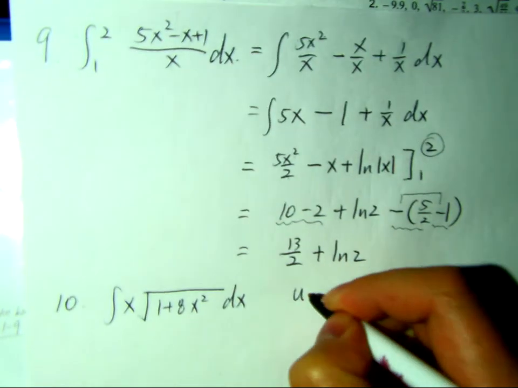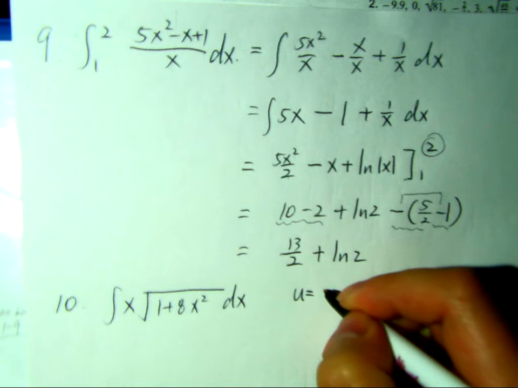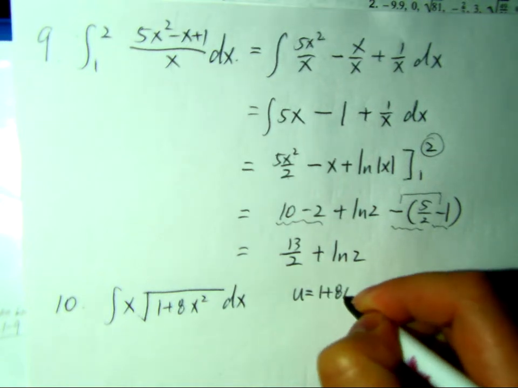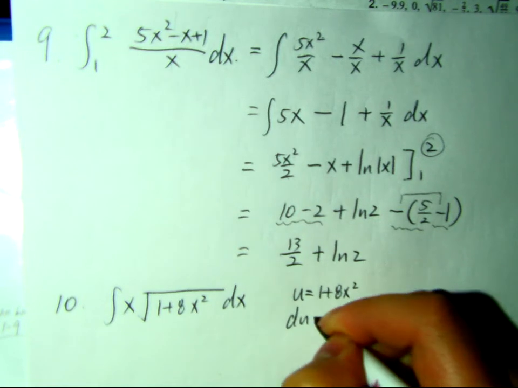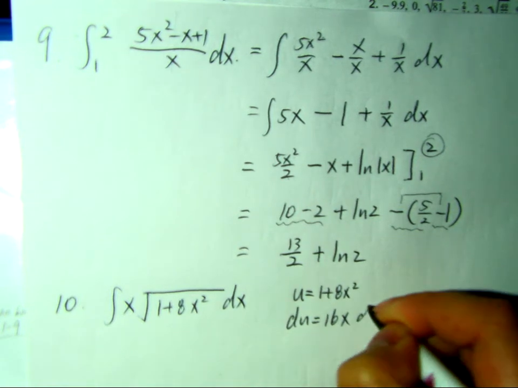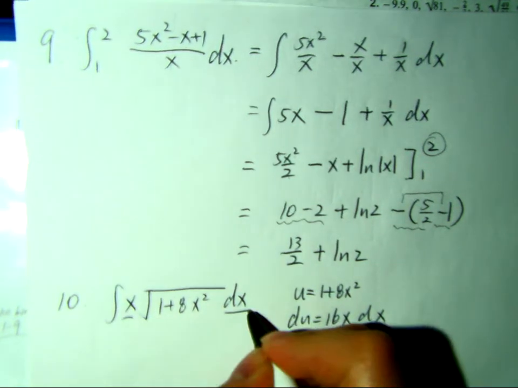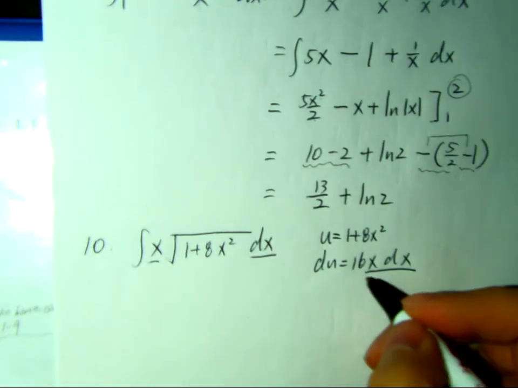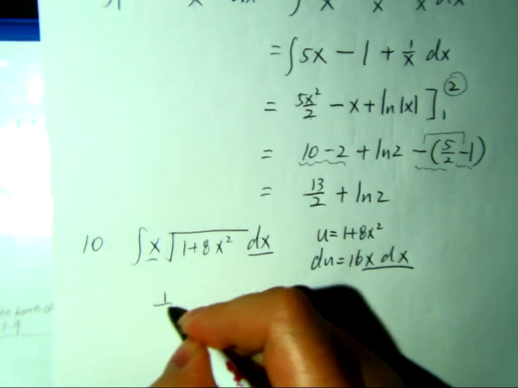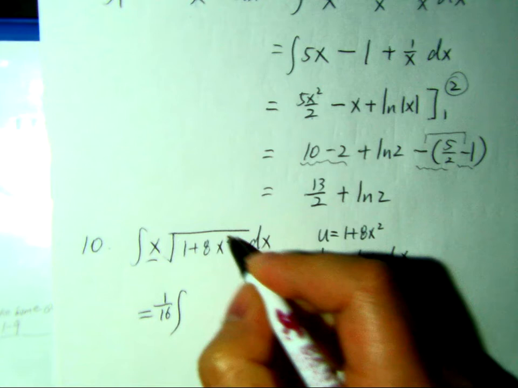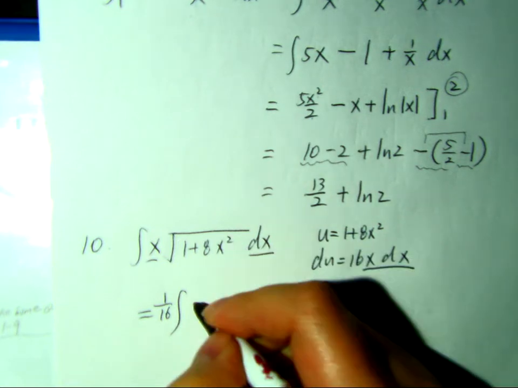We're using u substitution. u will be the terms you have inside the square root, 1 plus 8x squared. So du is 16x dx. And x dx will be cancelled with this x and this dx. You still have a 16, so we put 1 over 16 in front. And that will be u times square root of u, so it is u to the power 1/2.